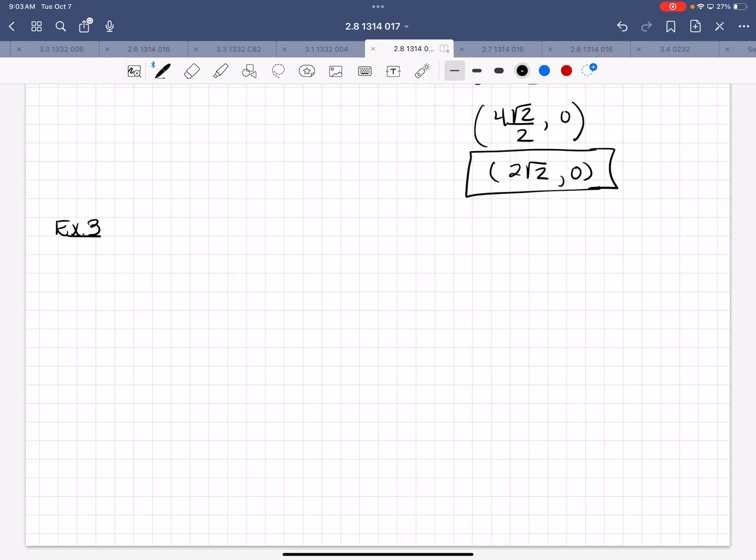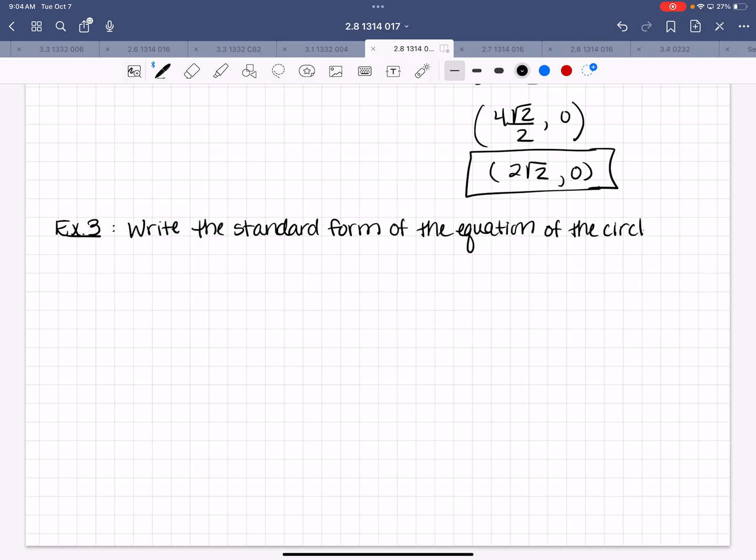Example 3. We want to write the standard form of the equation of the circle with the given center and radius.